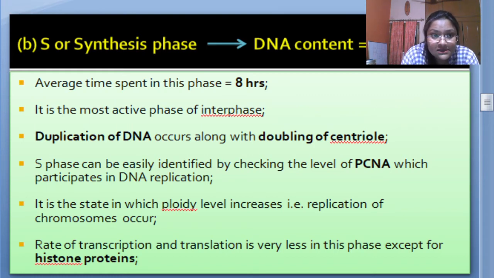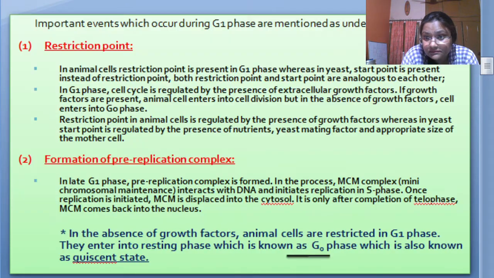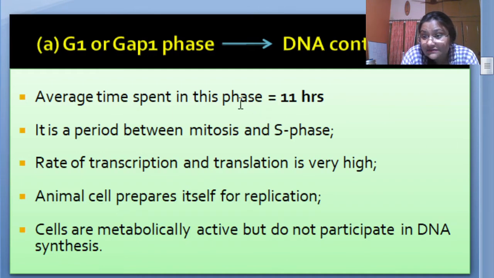Now let us discuss S or synthesis phase, in which DNA content is from 2n to 4n. The average time spent in G1 phase is 11 hours.